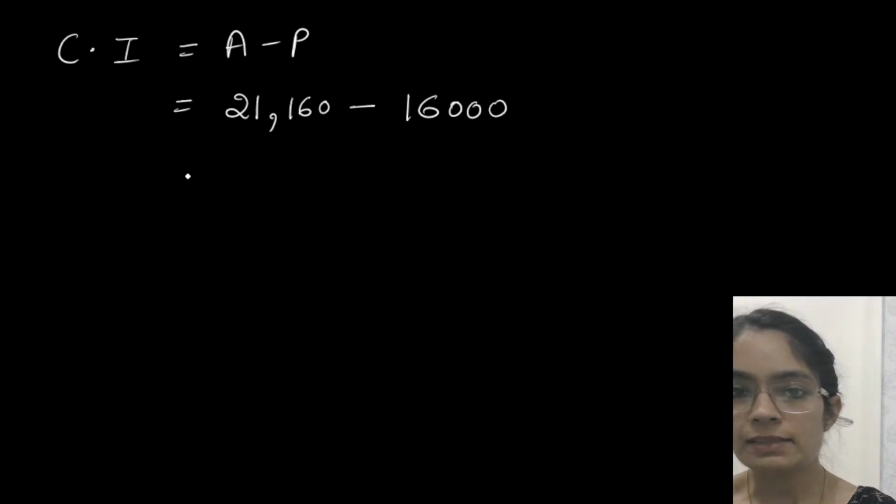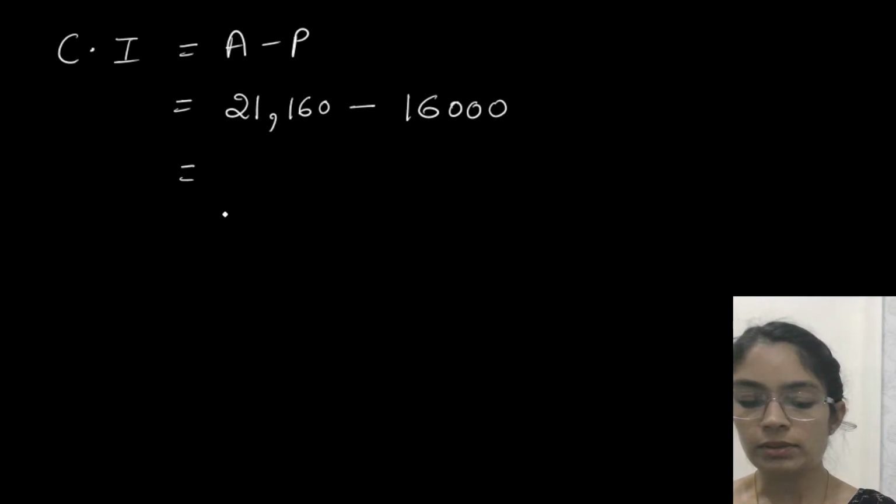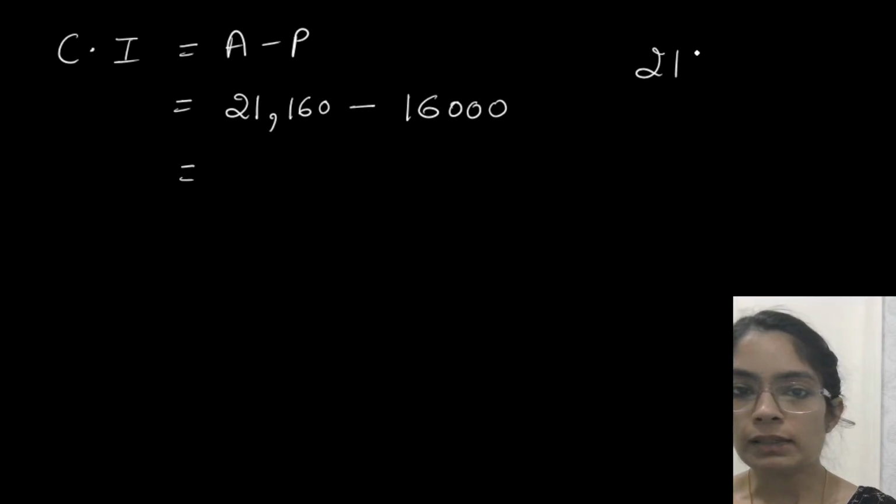Now compound interest we have to find. The formula of compound interest I have given you: A minus P. The amount we have just now found is 21,160 and principal is 16,000. So we can do subtraction. 21,160 minus 16,000.